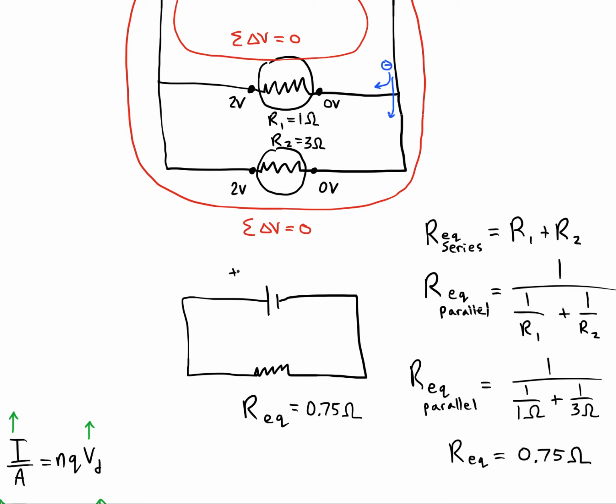All right, our next job is to figure out how much current will be traveling in our equivalent circuit. So we want to find the current through R EQ. To do that, I'll just use Ohm's law.